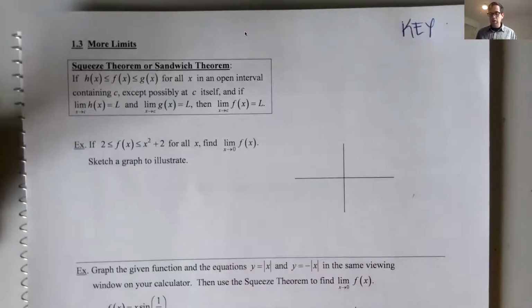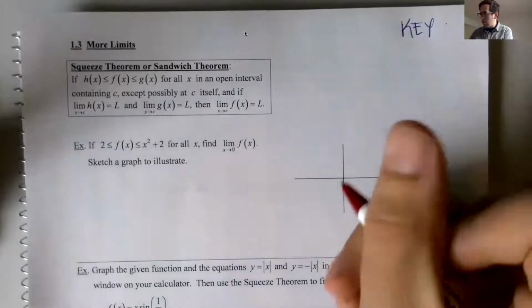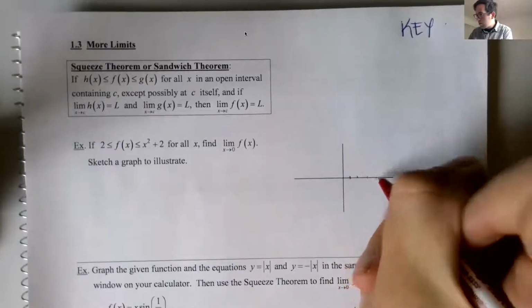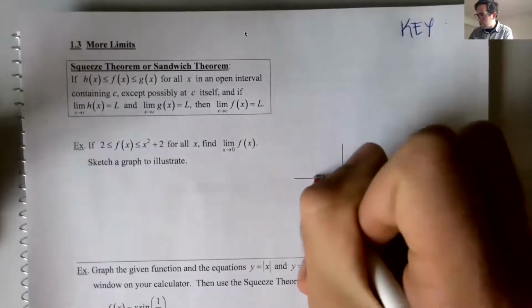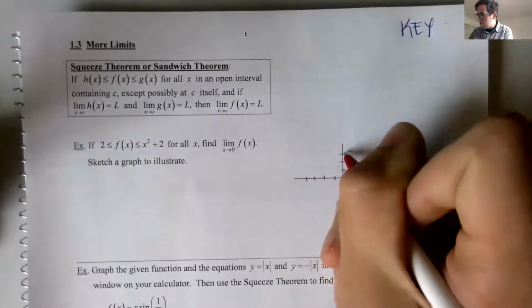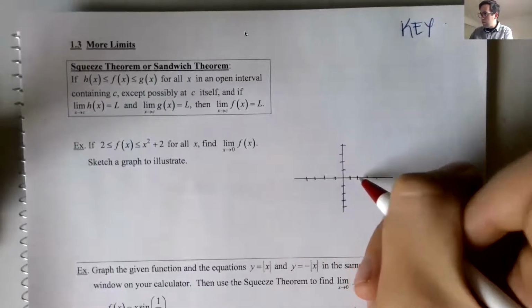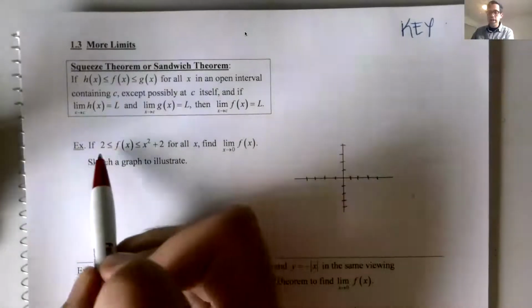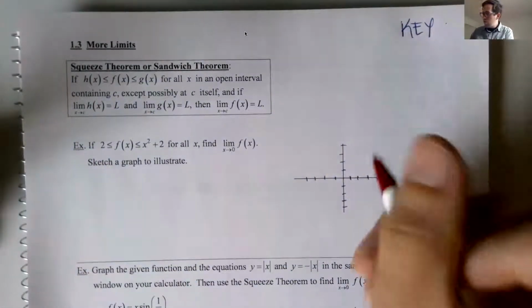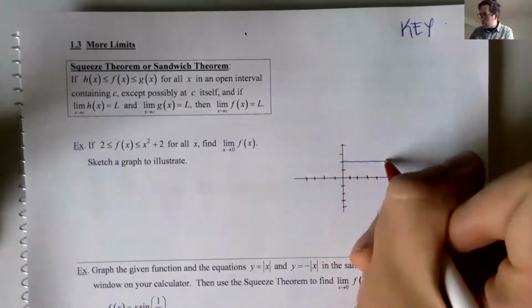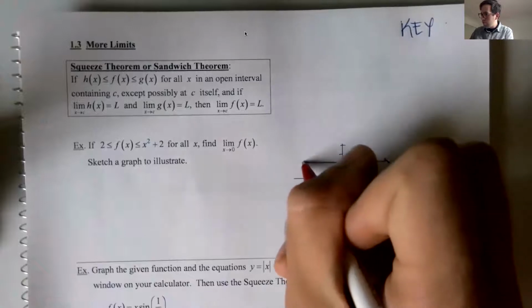All right, so let's just start by looking at the graph. So I'm going to do a rough sketch here. And I know that the line y equals 2 is just a straight line across at a y value of 2.